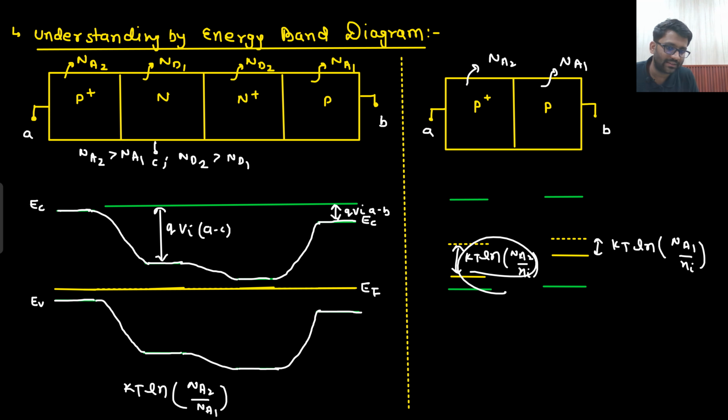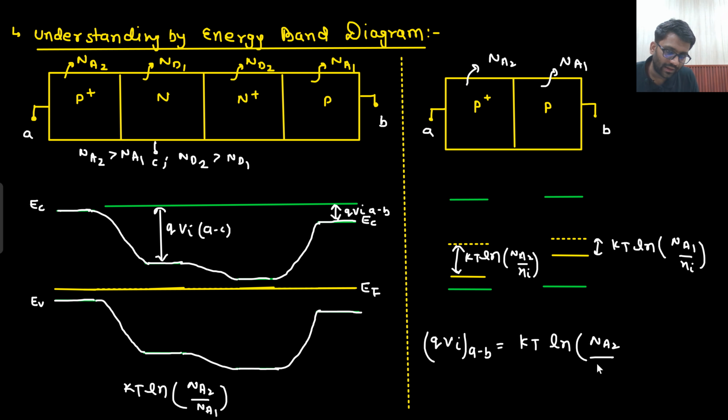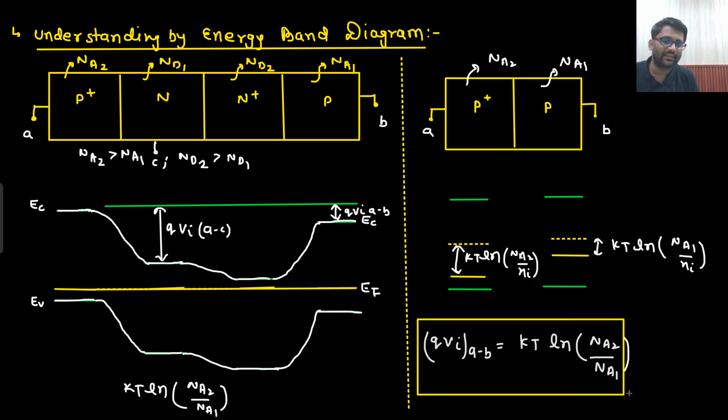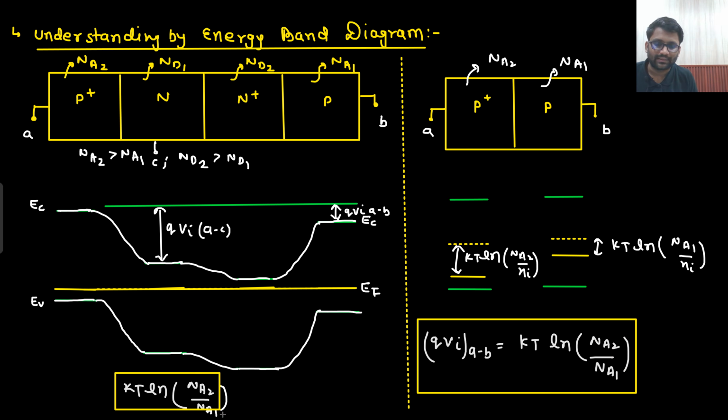Sir, this total distance minus this distance. So what will be my V built-in between A and B? That would be nothing but KT ln Na2 divided by Ni minus KT ln Na1 divided by Ni. So that would come out to be KT ln Na2 divided by Na1. So we are getting the same answer here as well.